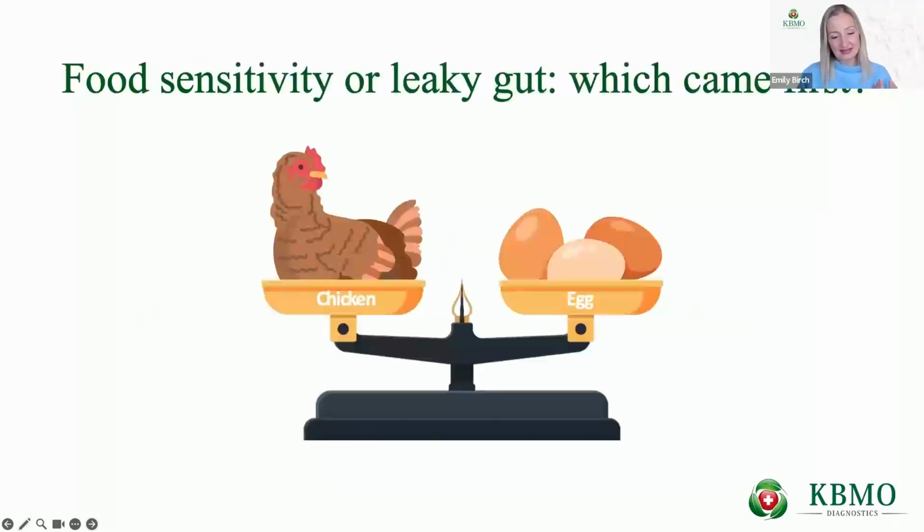And the thing is, and this I have to credit Charlotte here, this is Charlotte's favourite slide, and for great reason, actually. Food sensitivity or leaky gut, which came first? Well, when we talk about those food molecules that are crossing the gut barrier that shouldn't, as well as other things, as we previously mentioned, and the food sensitivities themselves, which came first?